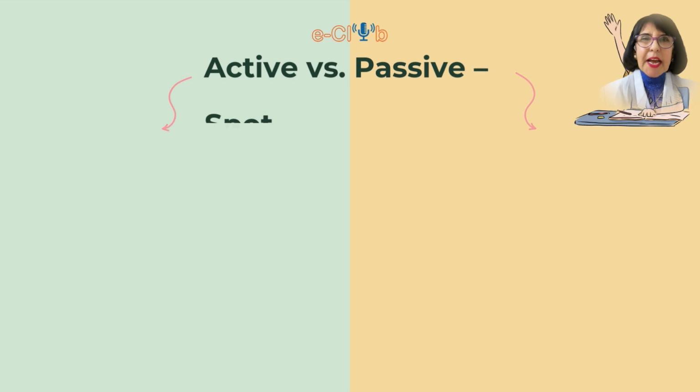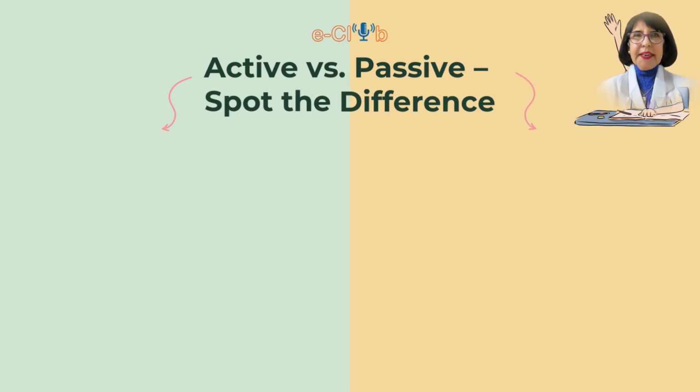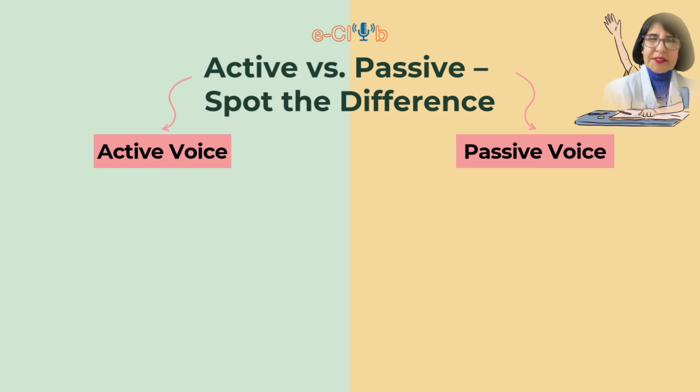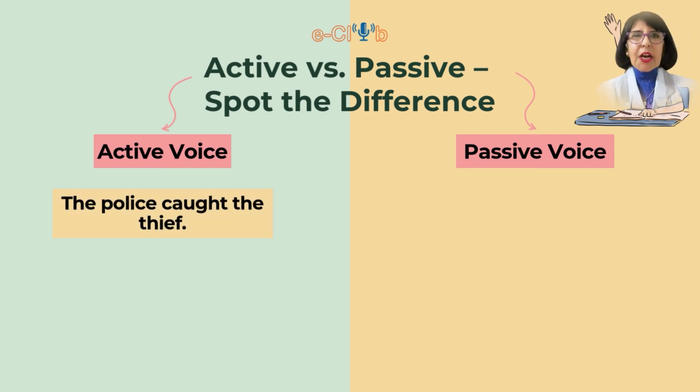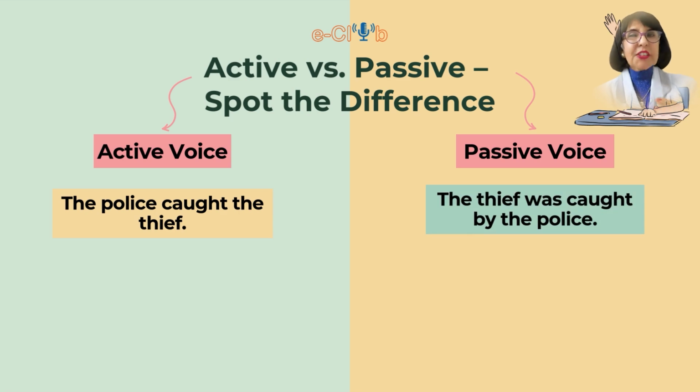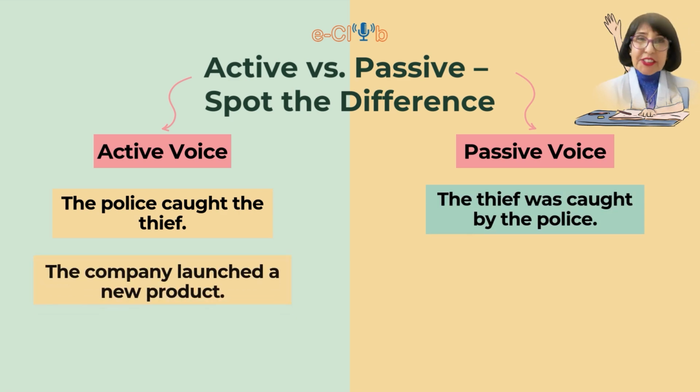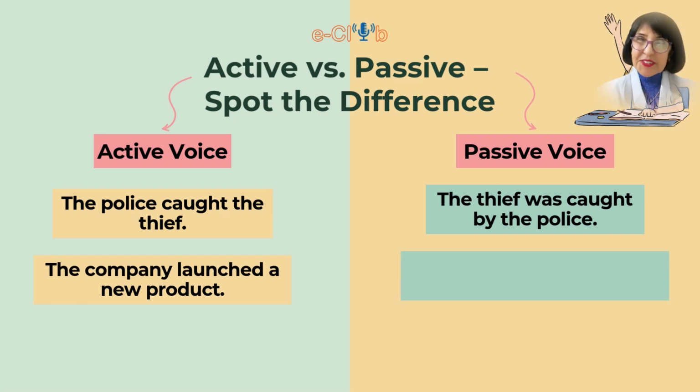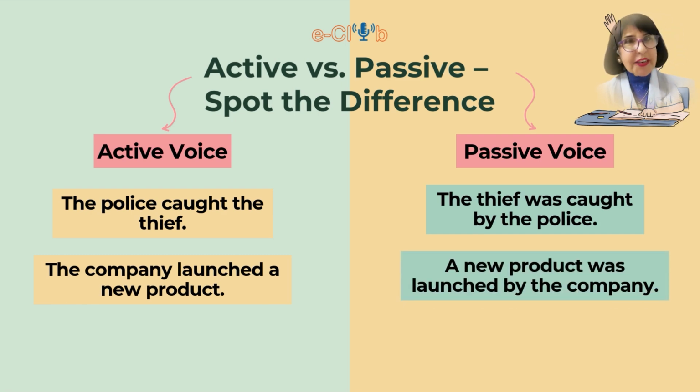Let's compare them side by side. Same idea, different focus. Active voice, passive voice. The police caught the thief. Active voice. The thief was caught by the police. Passive voice. The company launched a new product. Active voice. A new product was launched by the company.